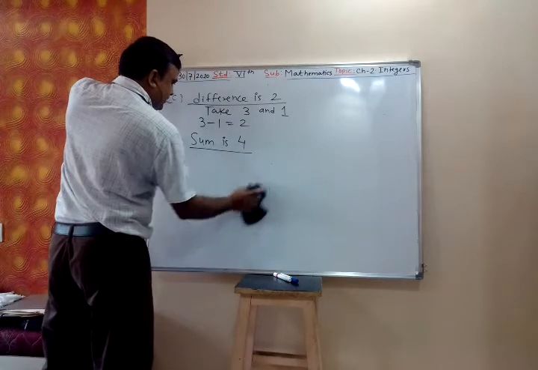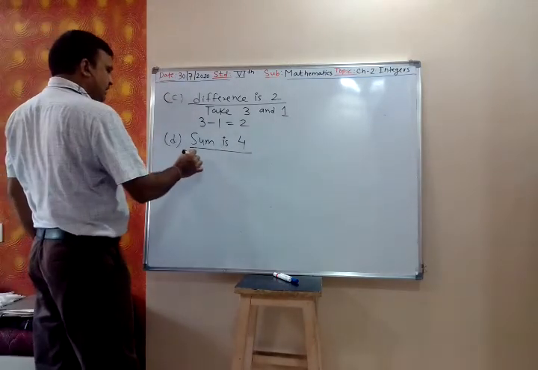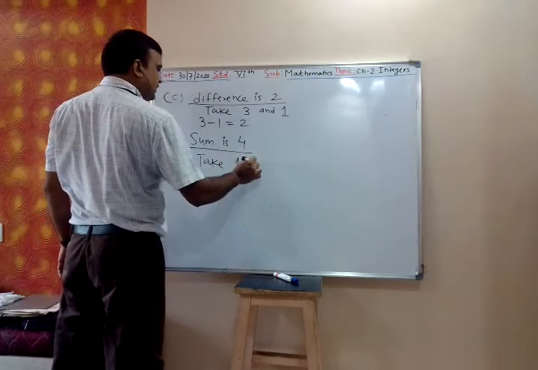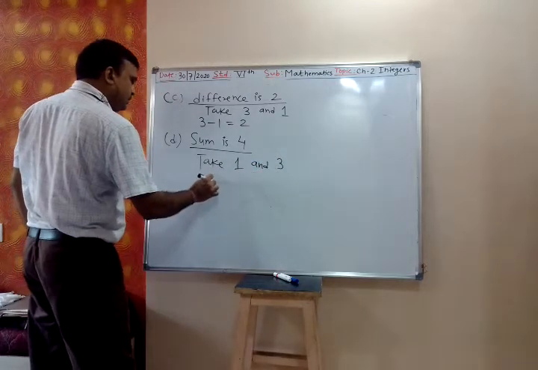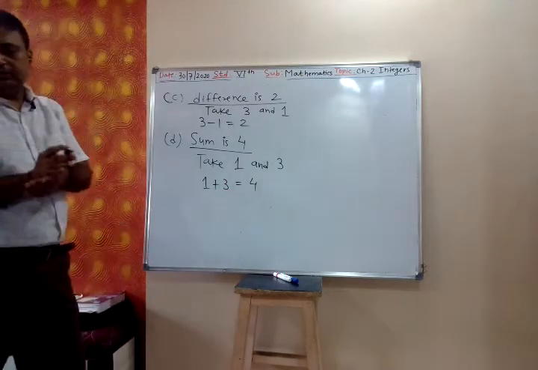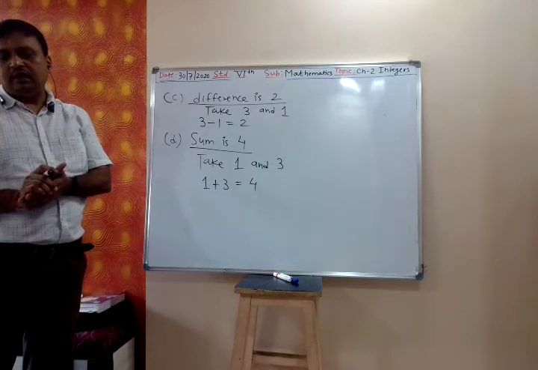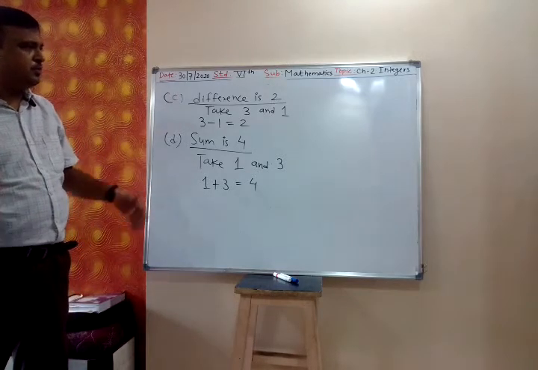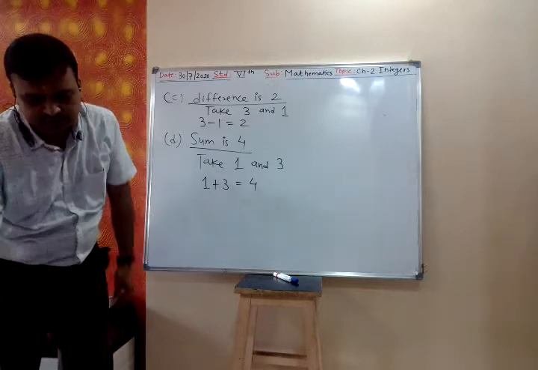So let us take 1 and 3. 1 plus 3 gives you 4. You can take 2 and 2 also, no problem. 3 plus 1 also.